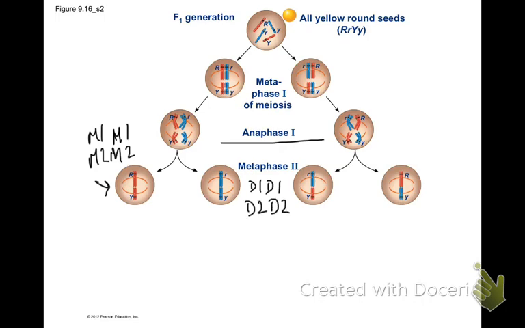Or it can be M1 two copies and D2 two copies, and then D1 two copies and M2 two copies. So he's trying to tell you that the assortment has taken place in any which way. You can have all of dad's chromosomes or all of mom's chromosomes, or you can have a mix of them, and it has gotten shuffled.